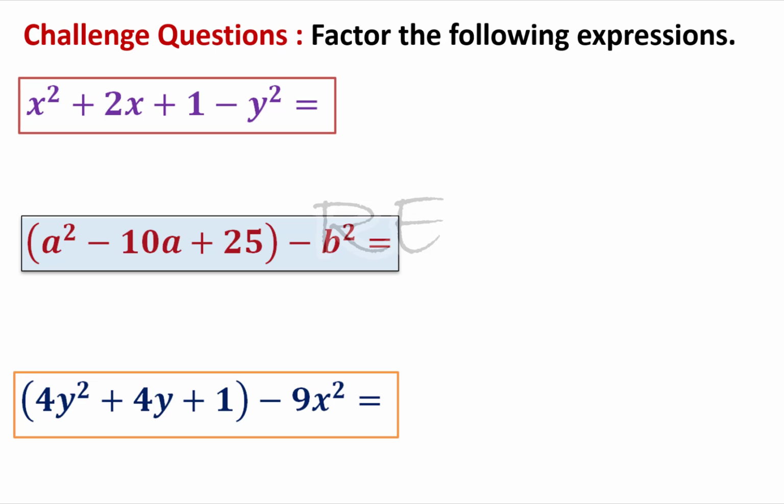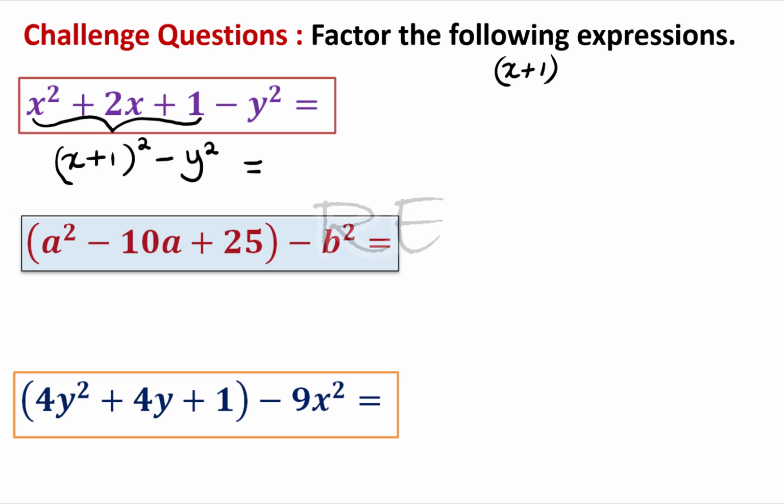If we understand x squared plus 2x plus 1 to be x plus 1 squared, the game is over. So we're going to get x plus 1 squared minus y squared. X plus 1 squared, let's try it out.